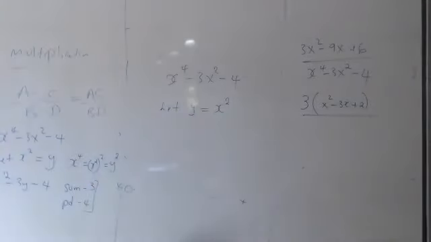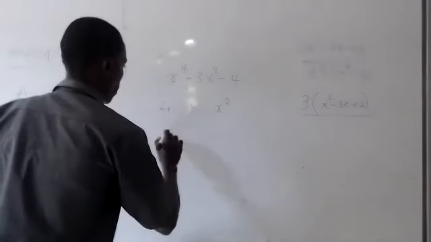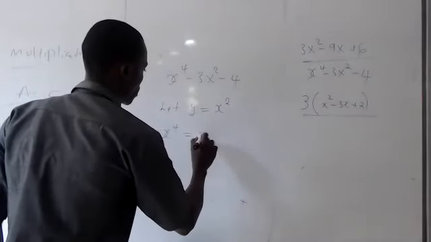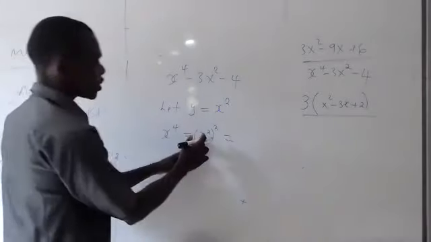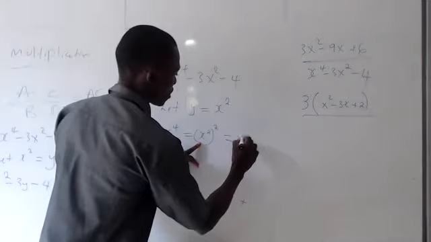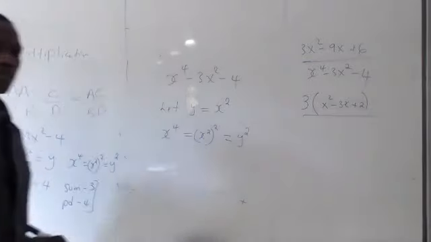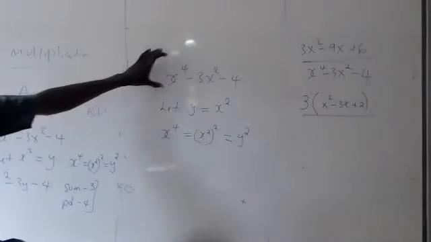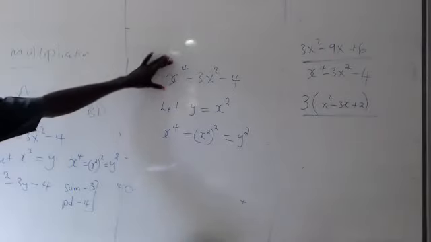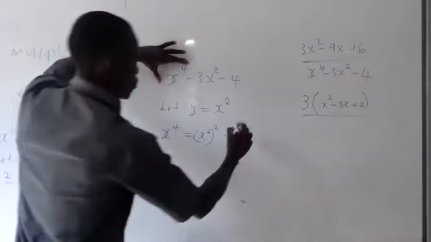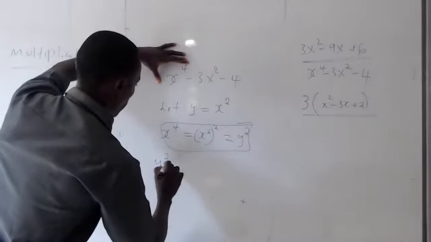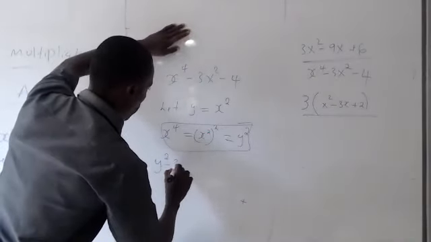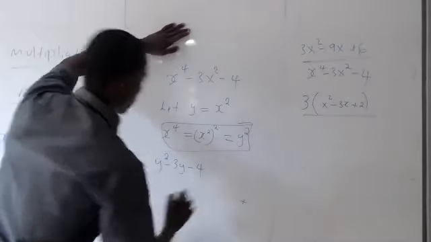Remember that x to the 4 is just x squared squared, so this will be y squared. So we have y squared, where there's x squared replace with y, then minus 4.